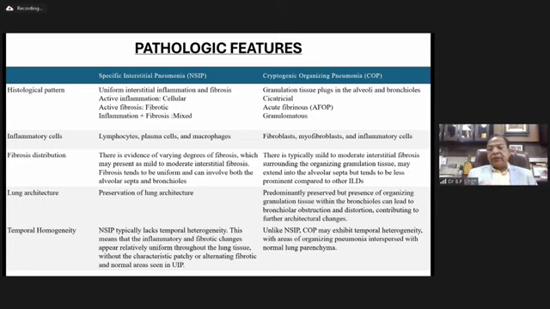However, it is predominantly preserved in OP also, but presence of organizing pneumonia within the bronchioles can lead to bronchiolar obstruction and distortion, contributing to further architectural changes many a time. In NSIP, there is a temporal homogeneity, while COP may exhibit temporal heterogeneity with areas of organizing pneumonia interspersed with normal lung parenchyma. This is the basic difference.